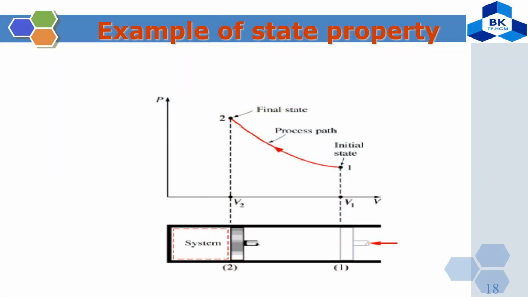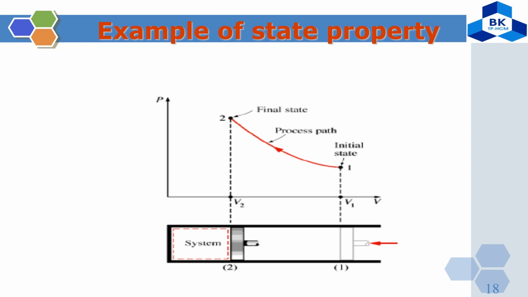For example, we use the piston here just to press the air into the piston. The initial state, or we call the state 1, that means when we start the experiment, we got the initial state, and the initial state will be defined at one point here, and it will be determined by the two properties. That is the V1 and the P1. All right?